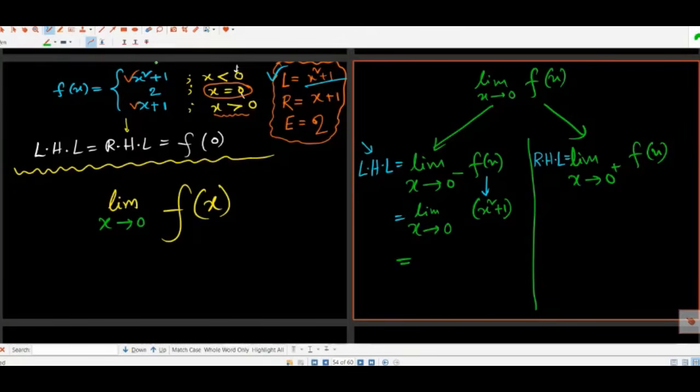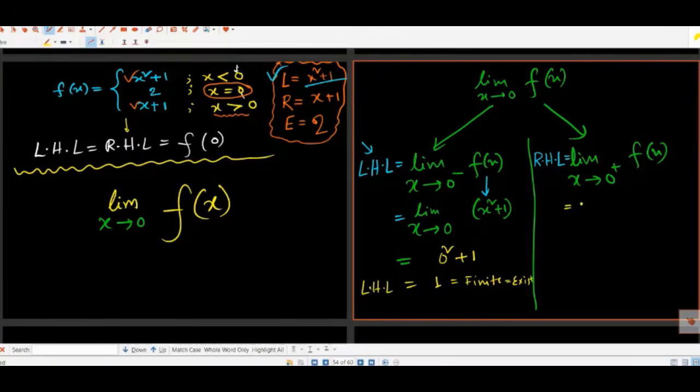Now this is the time to input 0. When we input 0 for x, 0 squared plus 1, so we are getting 1. So left hand limit is 1. This is a finite value. That means this is going to exist.